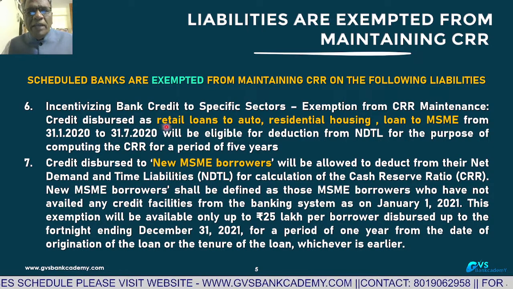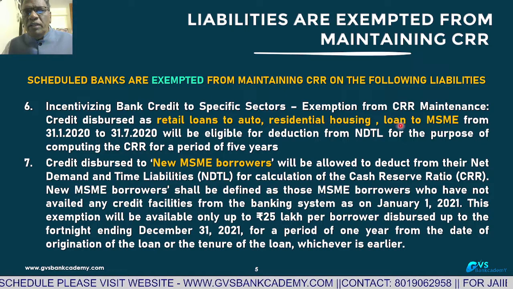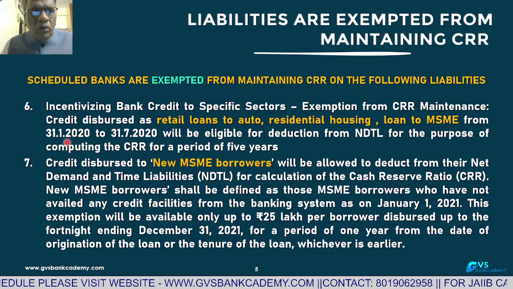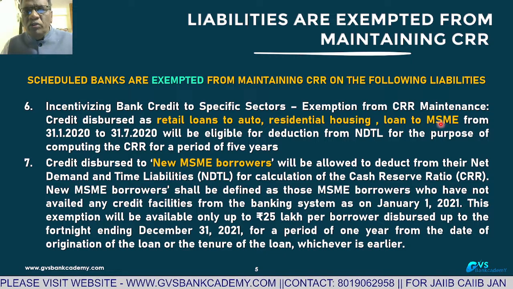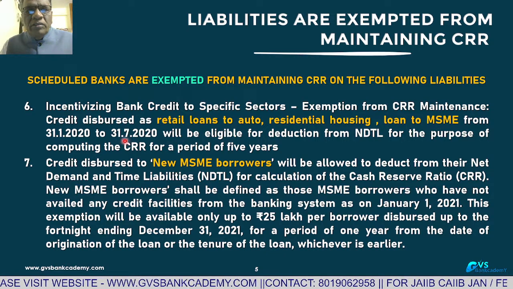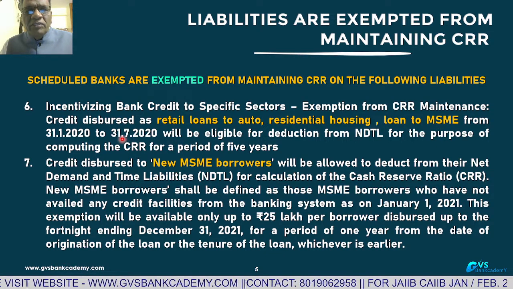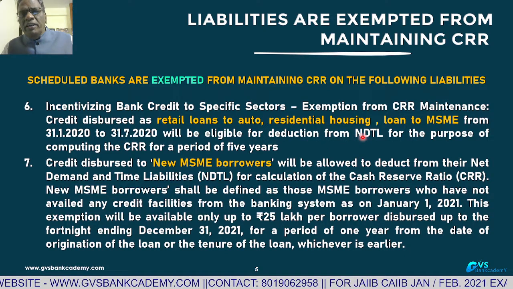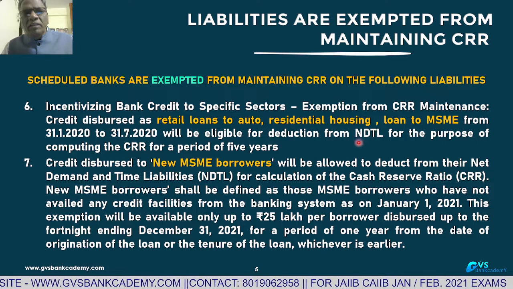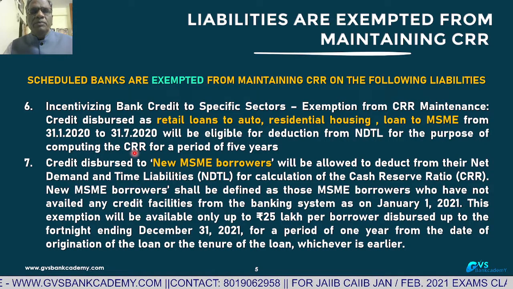Loans sanctioned by banks to auto, housing and MSME during this period, the entire sanctioned advances are going to be deducted straight away from the net demand and time liabilities of the bank for CRR calculation.